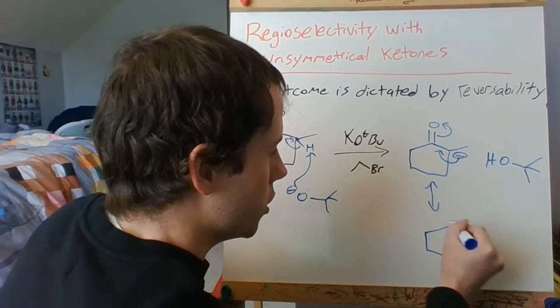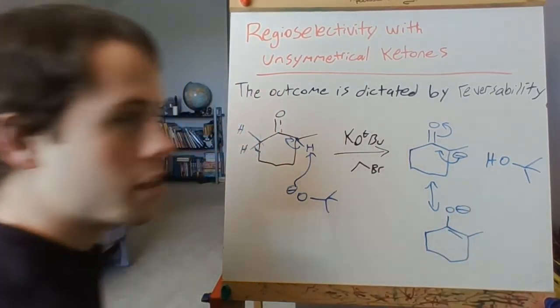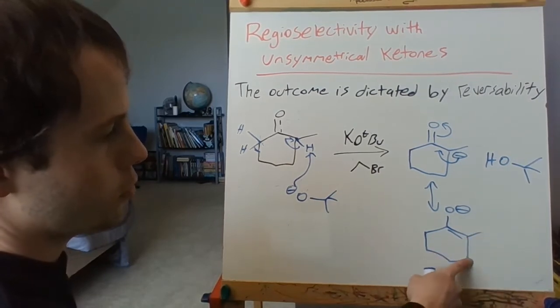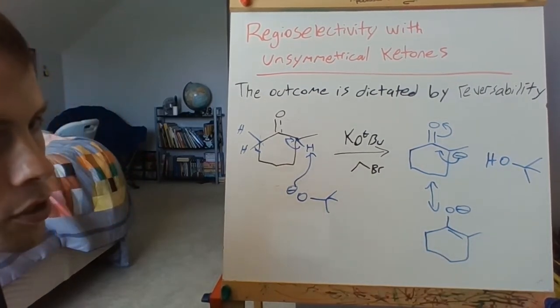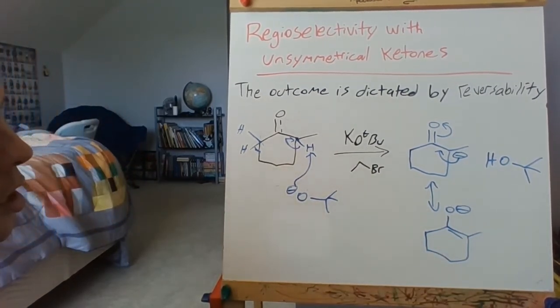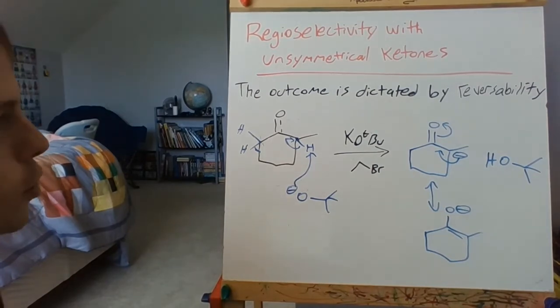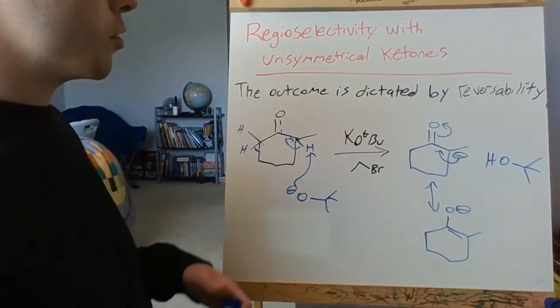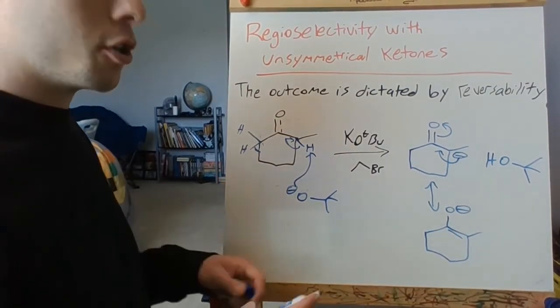And so we would get to something that looks like this, and this enolate has 1, 2, 3 carbons attached to the alkene portion, and so it's tri-substituted, more stable. And so if you have something that has a pKa similar to what you're deprotonating, you're going to generate the most stable enolate.